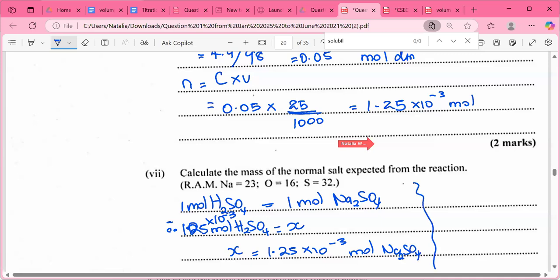But the question wants me to calculate the mass of the normal salt. Number of moles is equal to mass over molar mass, so the mass is the number of moles multiplied by the molar mass.